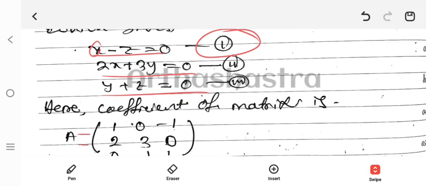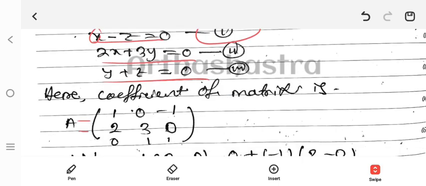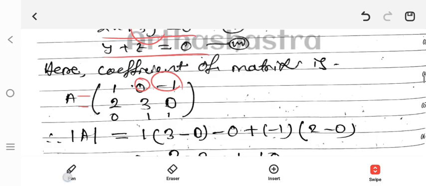The coefficient of y: there is no value of y, so here we put 0, and the coefficient of z is minus 1. From the second equation, the coefficient of x is 2, the coefficient of y is 3, and the coefficient of z is 0. From the third equation, the coefficient of x is 0, the coefficient of y is 1, and the coefficient of z is 1.